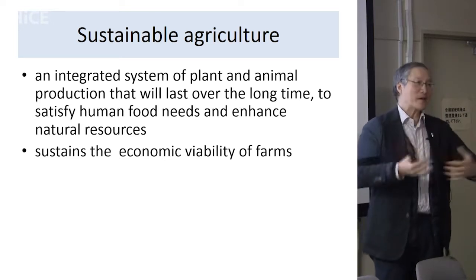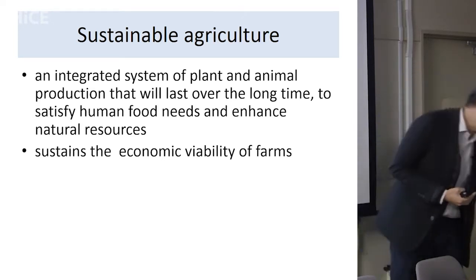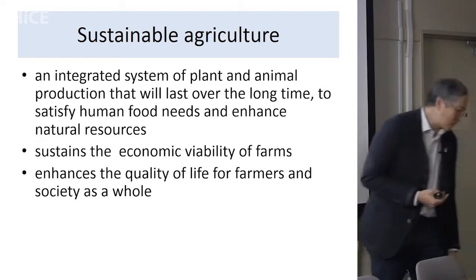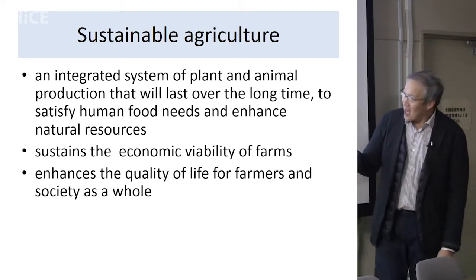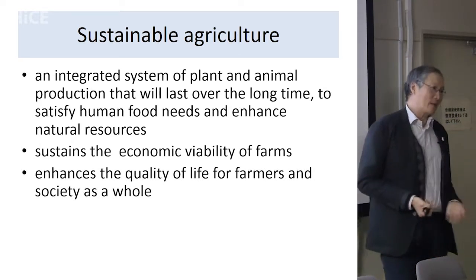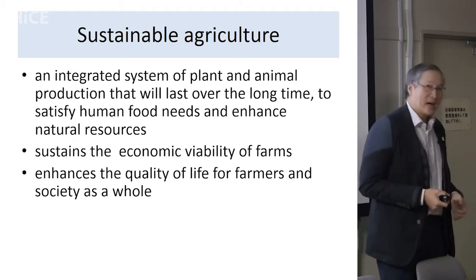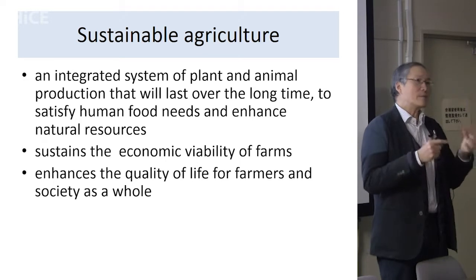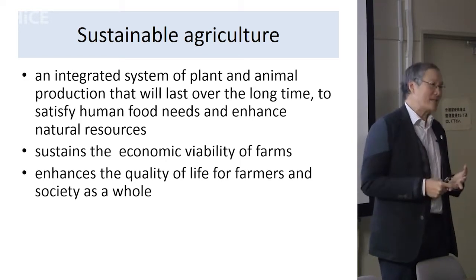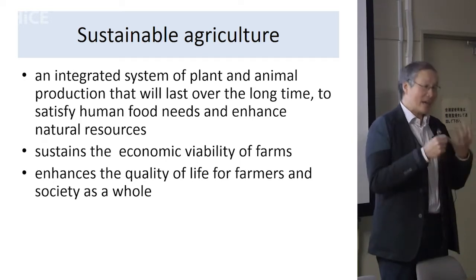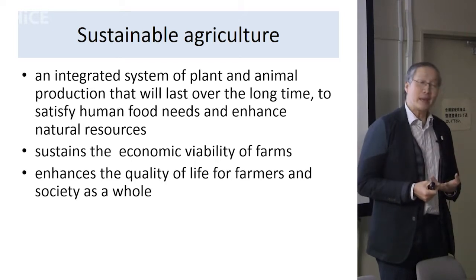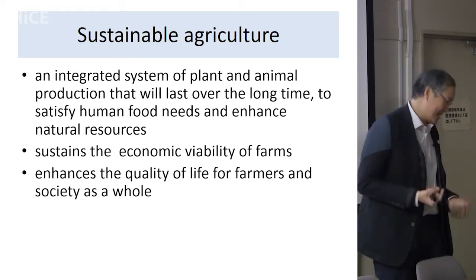You need to keep the farms going. That's the way to keep them into the future. Enhancing the quality of life for people. We mentioned this before, that people are one of the three components of sustainability, the others being the environment, and the third one being financial stability.